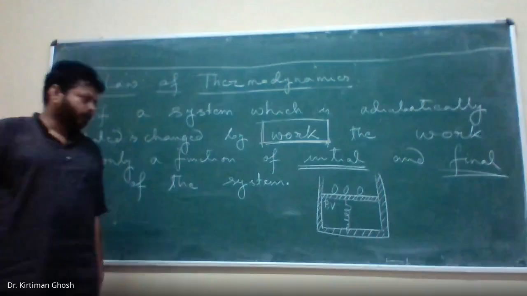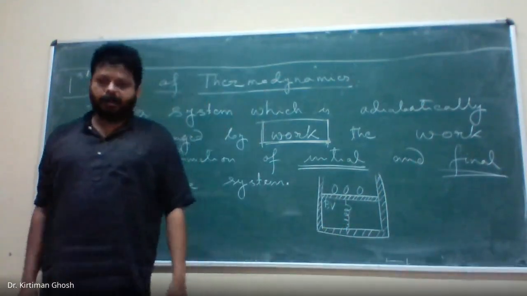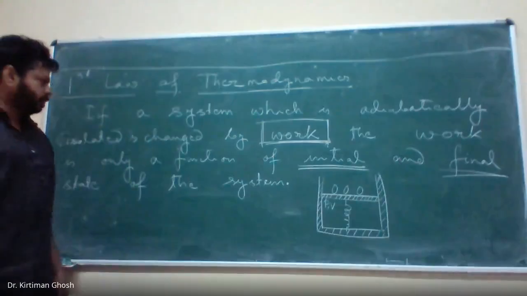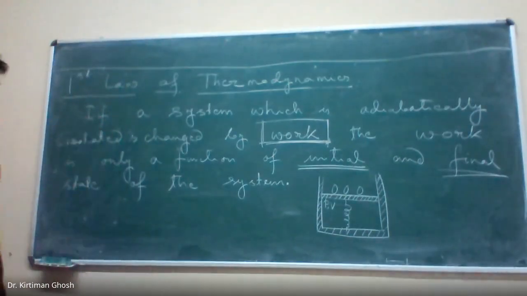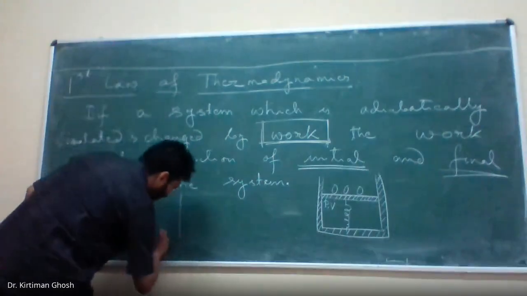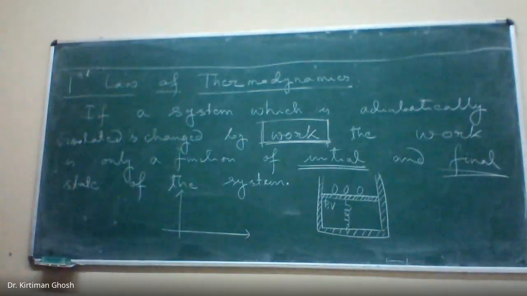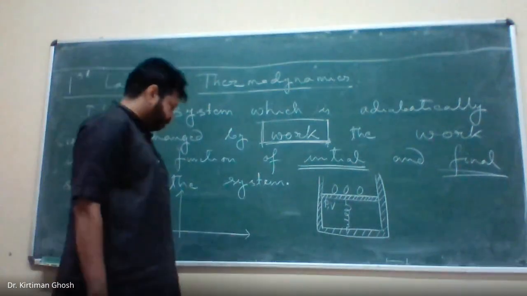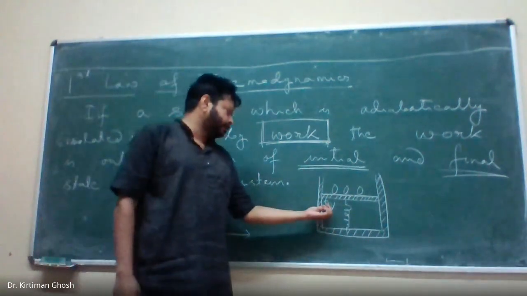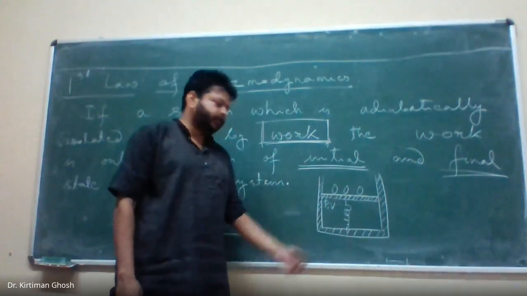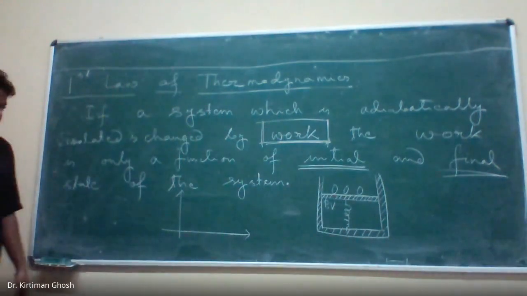There are several ways you can change the volume of this system, and changing the volume corresponds to a work done on the system. So the first law of thermodynamics tells you that there are two coordinates, P and V. The state of the system is specified by a specific value of P and a specific value of volume V. So this is how you specify the state of the system.